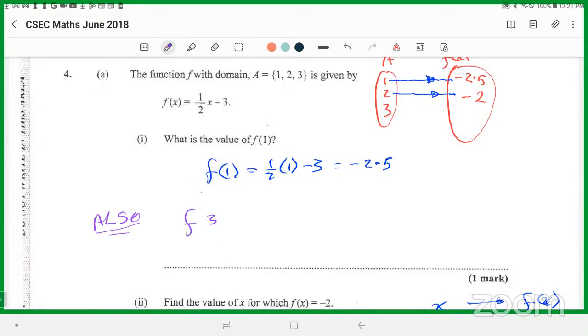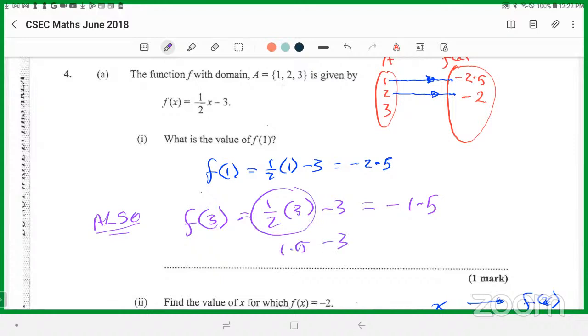f of 3 means we will work out what 3 maps onto. It equals half of 3 minus 3. Half of 3 is 1.5, minus 3, is negative 1.5.